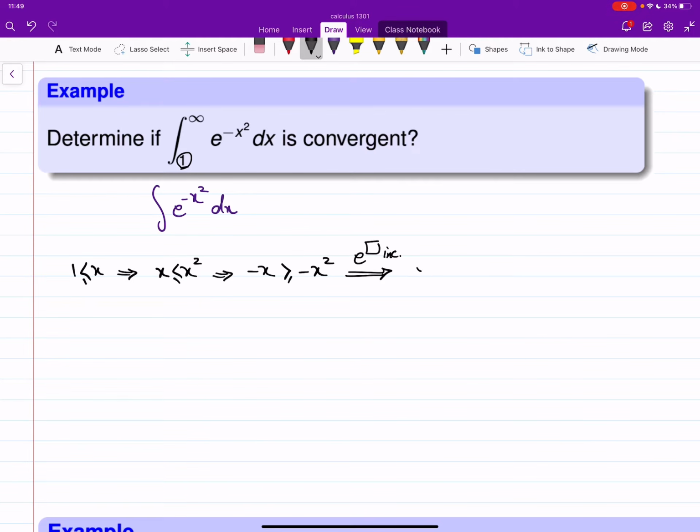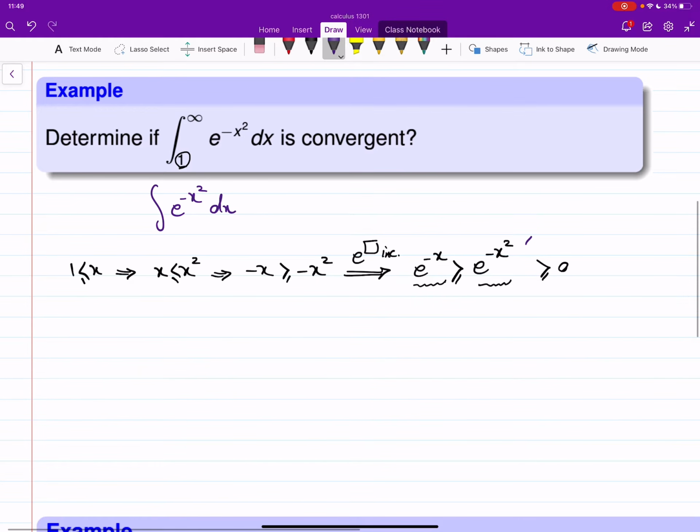So that means that if one number is bigger than the other, then e to the power of those numbers will keep the inequality as it is. And this is what we are looking for. This is a new function, and I know that both of these are positive functions. In other words, our function here is the smaller function, and we found a bigger function.